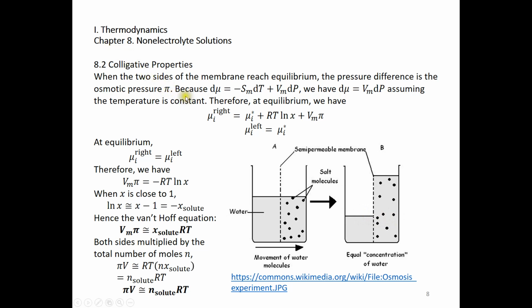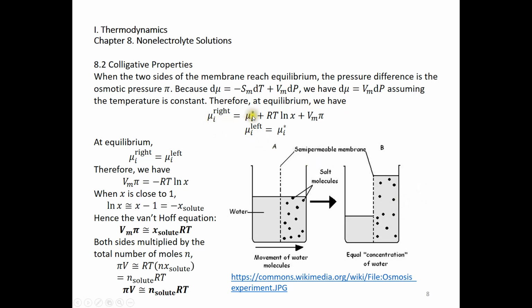Now let's do some derivation. The mu is simply the differential of molar Gibbs energy for a pure substance. When temperature is constant, we have d mu equals molar volume times dp. Therefore, at equilibrium, this is the chemical potential of water on the right hand side.